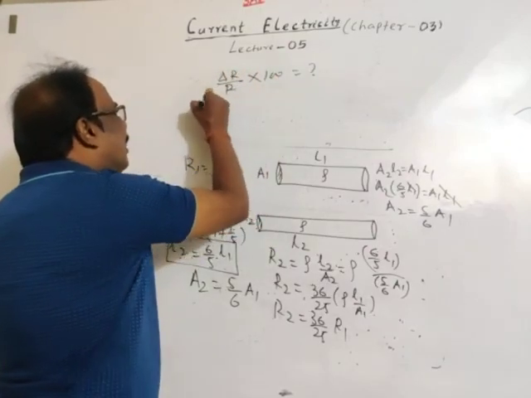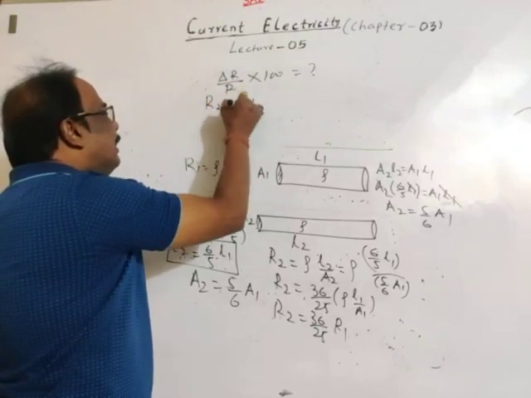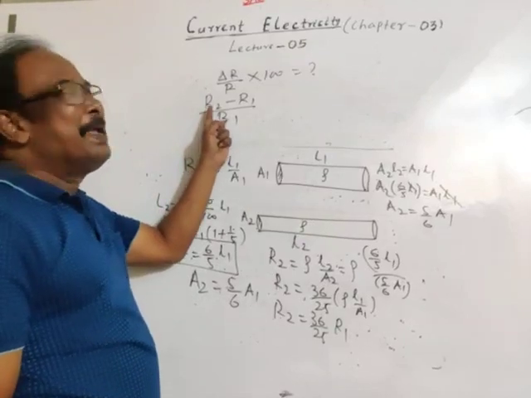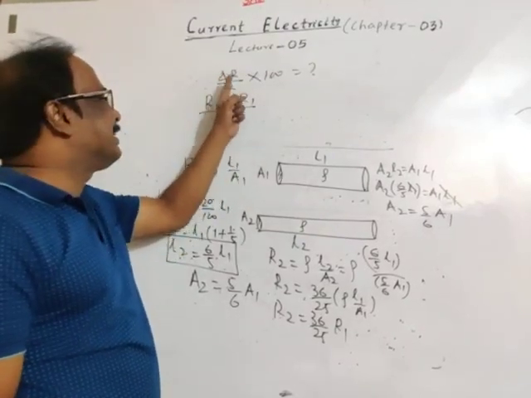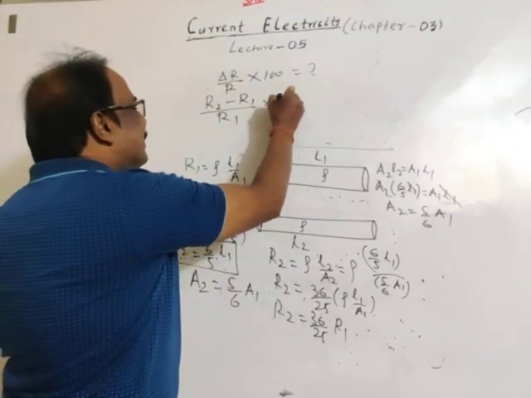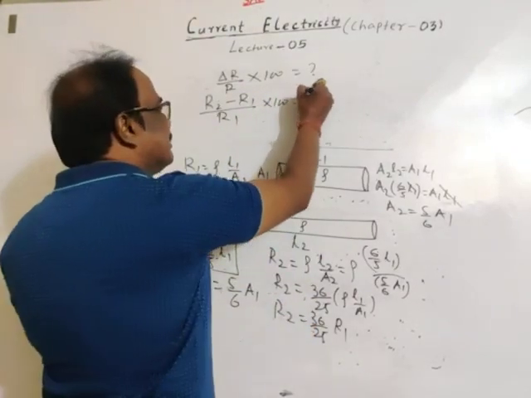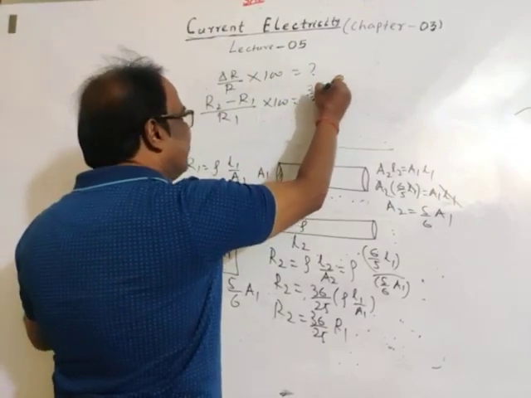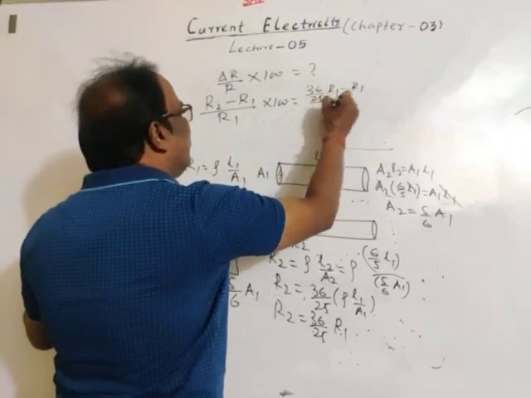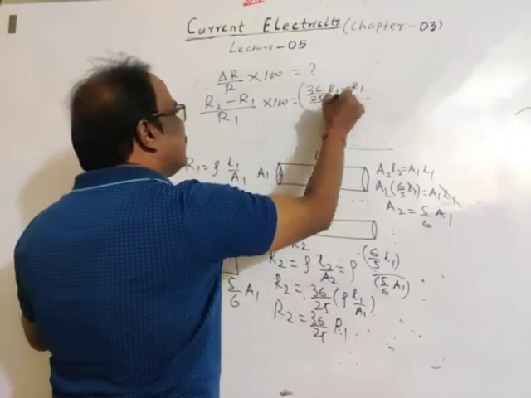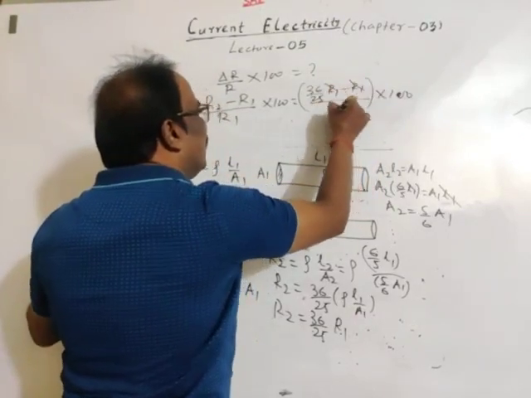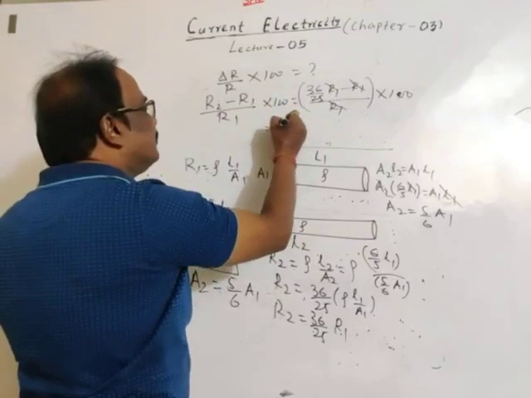Final resistance minus initial resistance is the change in resistance, divided by initial resistance, into 100. Final resistance is 36 by 25 R1 minus initial resistance R1, divided by initial resistance R1, into 100. R1 gets cancelled, then we will solve it.